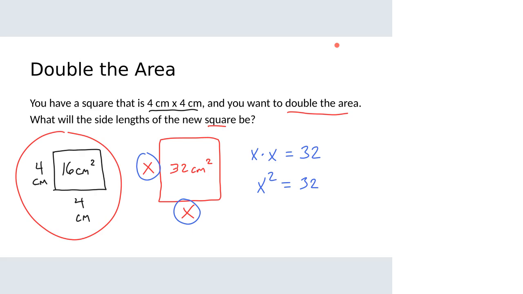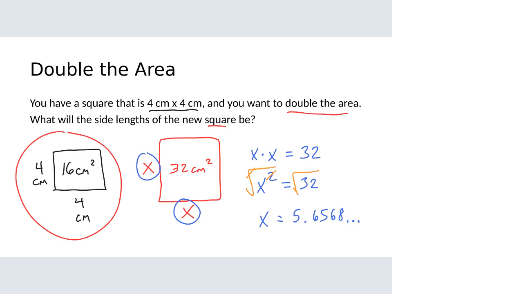As we have seen before, if we want to make squaring go away, we're going to square root on the left, square root on the right. Those will cancel. I have just an x remaining on the left, and I get whatever the square root of 32 is on the right. I'll go ahead and write that down. We've got 5.6568, and that keeps going.